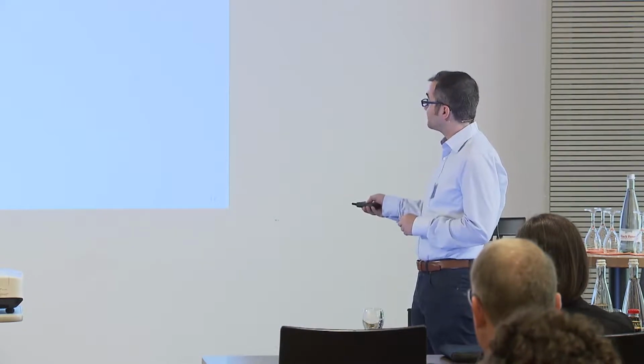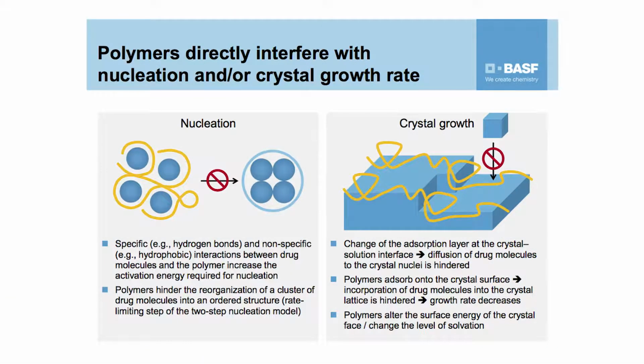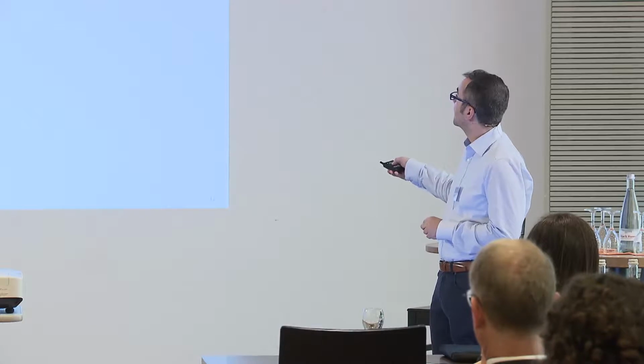Those specific and non-specific interactions basically increase the activation energy required for the nucleation step. And then a second effect: polymers can also hinder the reorganization of molecular clusters into ordered structures. And this also decreases the nucleation rate.